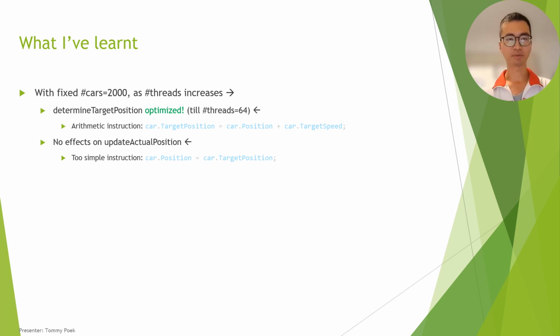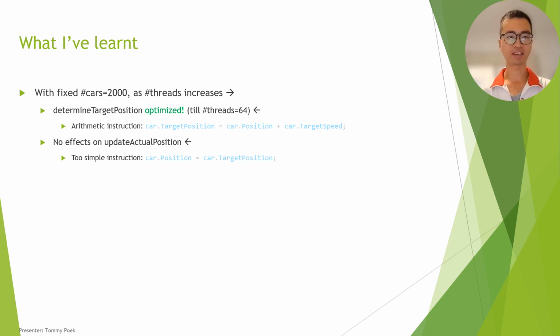I suspect the reason is the complexity of the instruction in determine target position, with some arithmetic in it. There is something to optimize in here if we thread it and increase the number of threads.